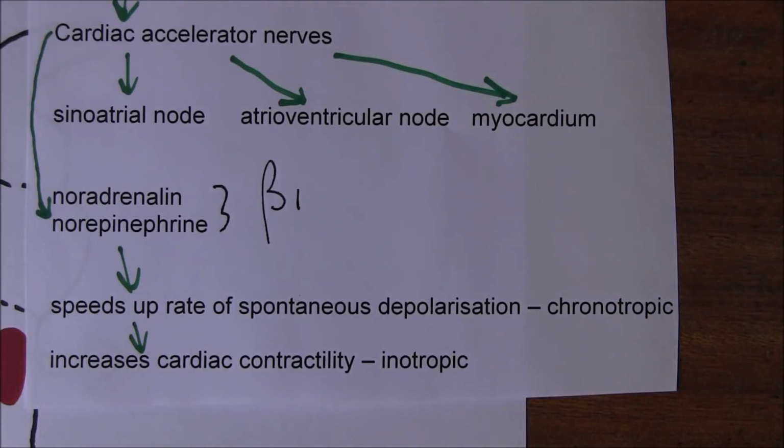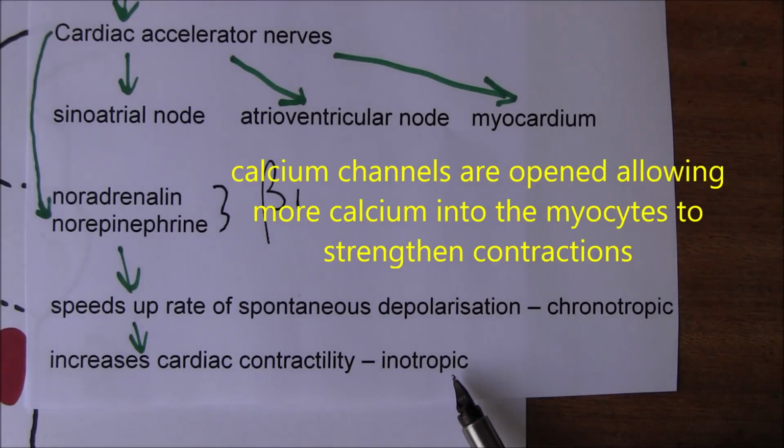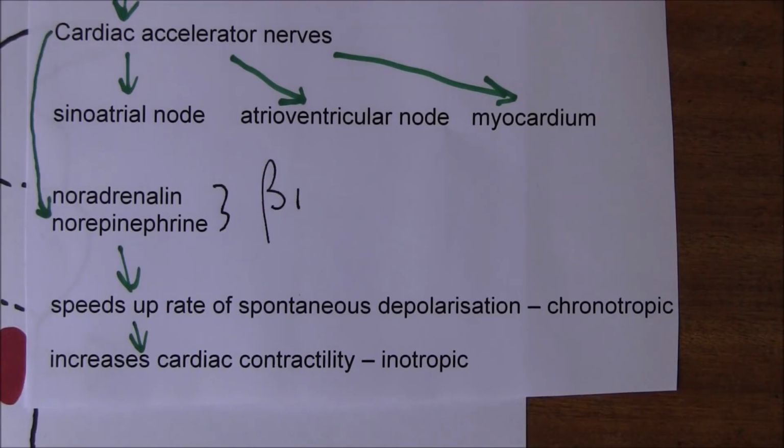The increase in cardiac contractility actually comes by an effect on the cell membranes of the individual cardiac myocytes. These effects will enhance the entry of calcium into the cell. There'll be more calcium ions going into the myocytes, and that's what increases the strength of each individual cardiac contraction.